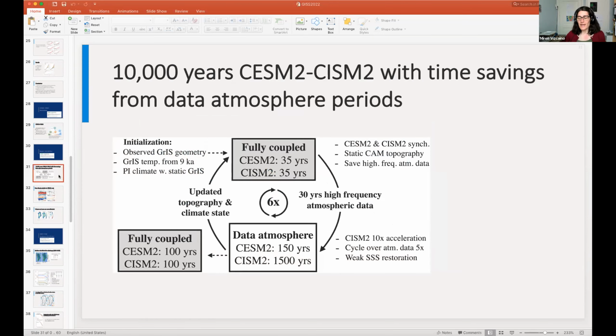As we are coupling, the ice sheet is primarily adjusting to the SMB that it is receiving from the climate model. So we are spinning up the velocities at the same time that we are coupling to the SMB.